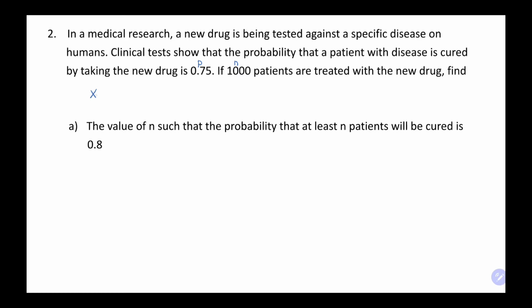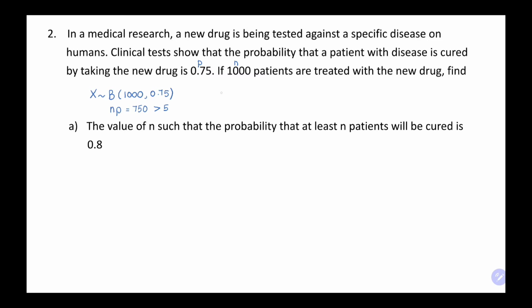So we write X is binomially distributed with N 1,000 and P 0.75. We can see here our N is large, and N times P we get 750, so greater than 5. Since N times P is greater than 5 and N is large, we need to use normal approximation.